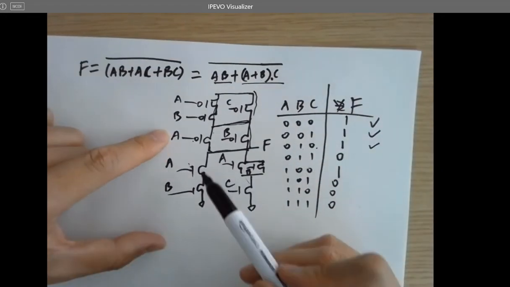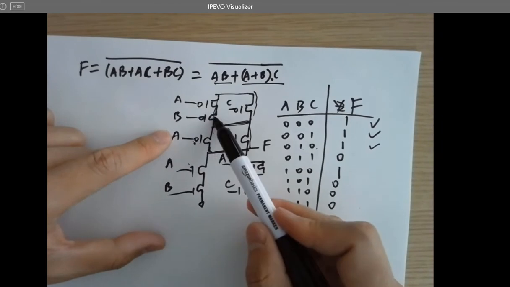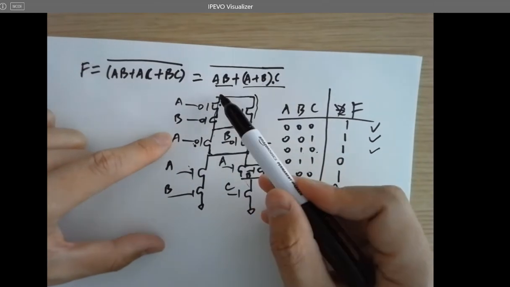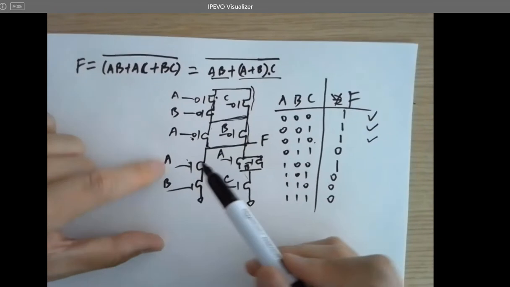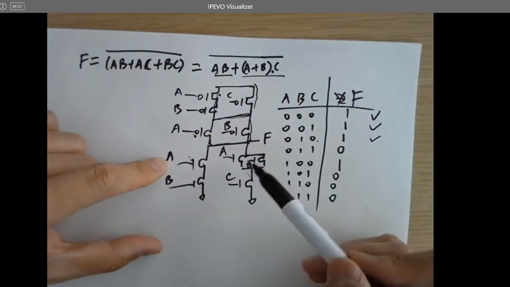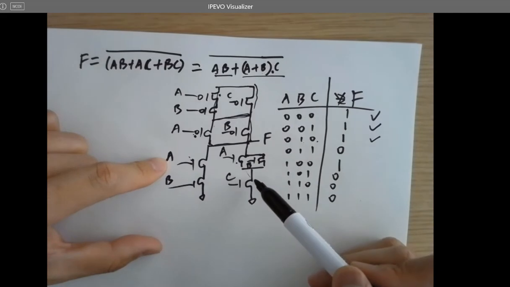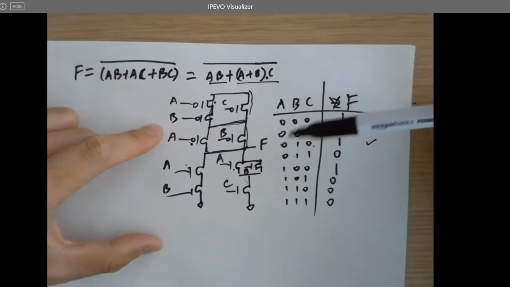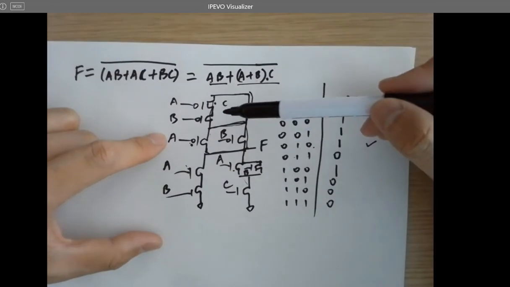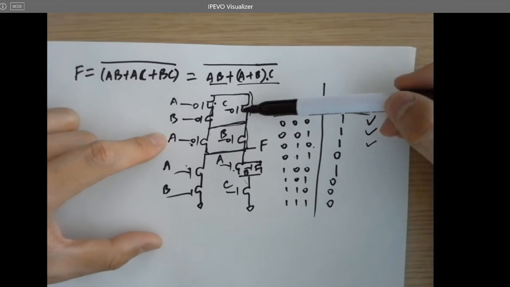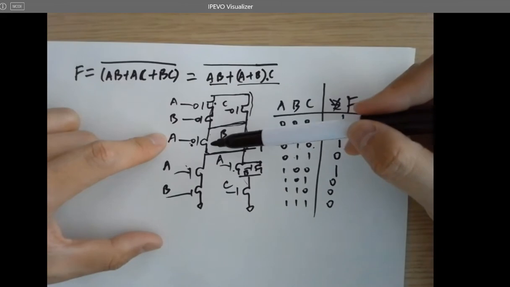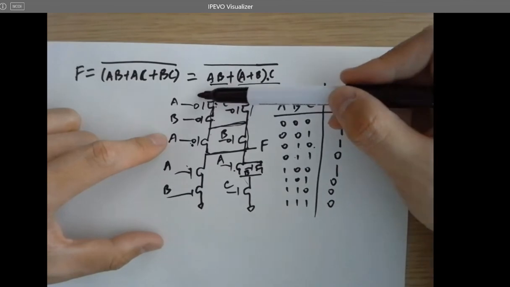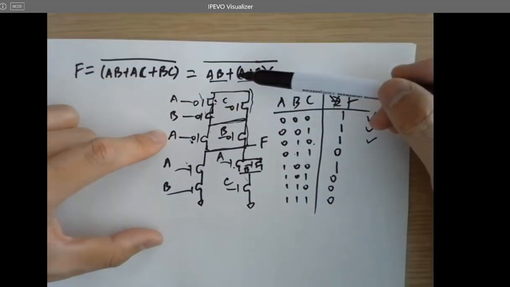0, 1, 1. Wait. 0, 1, 1. This is off. So there's no way to pull it up to VDD.